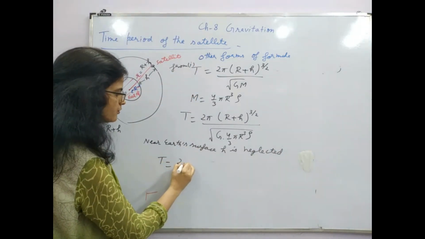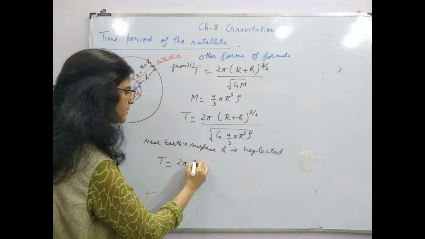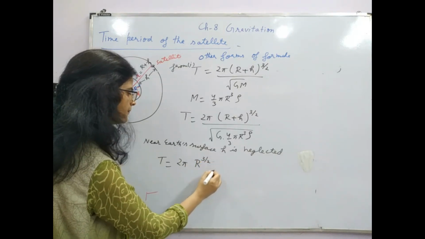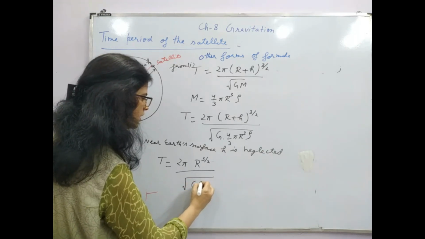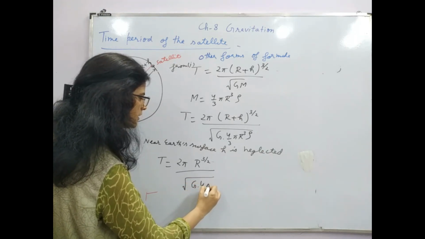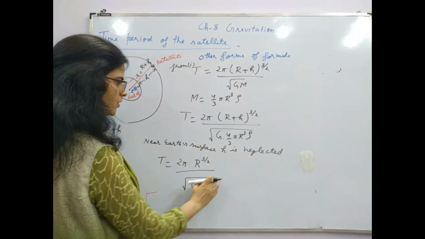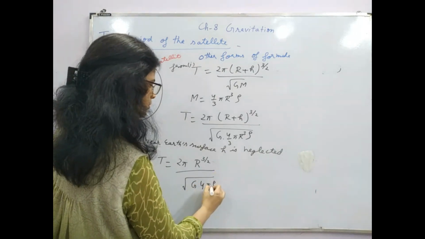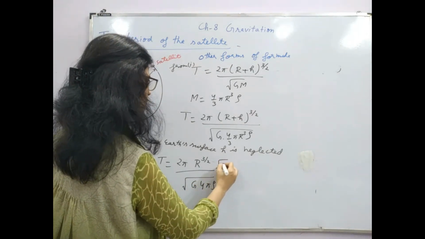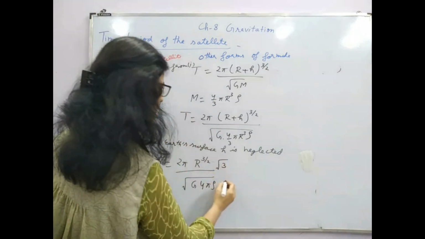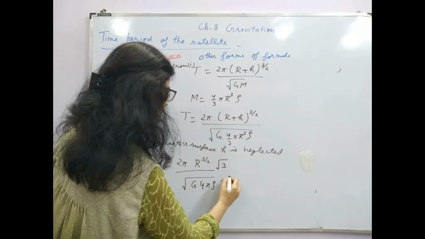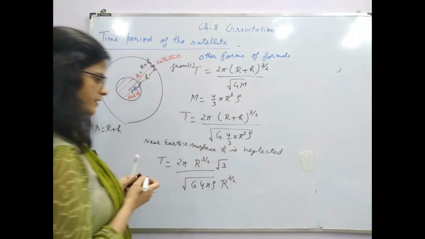So what will be the form? T is equal to 2 pi, this will be R to the power 3 by 2 upon under root of G into 4 into pi into rho, and under root 3 will go up, and this is R to the power 3 by 2 outside the root.